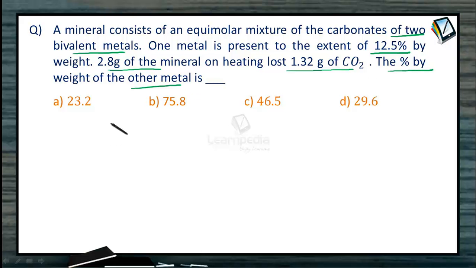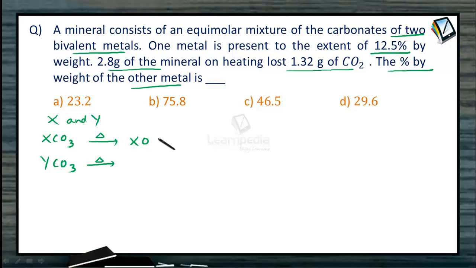So here let us take the two bivalent metals as X and Y. If X and Y are the symbols of the two metals, then what would be the formula of their carbonates? Definitely XCO3 and YCO3, isn't it? Similar to calcium carbonate and magnesium carbonate. Now, when these carbonates are decomposed, what are the products formed?